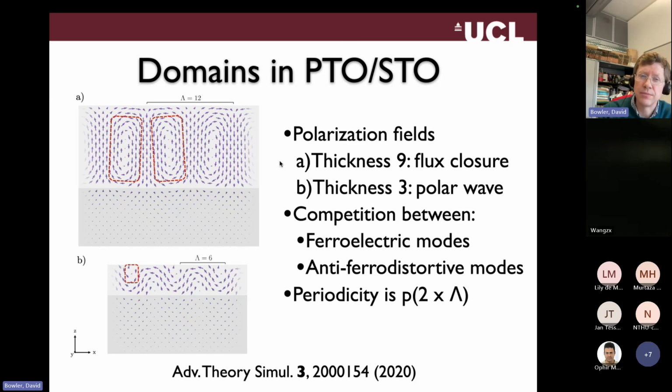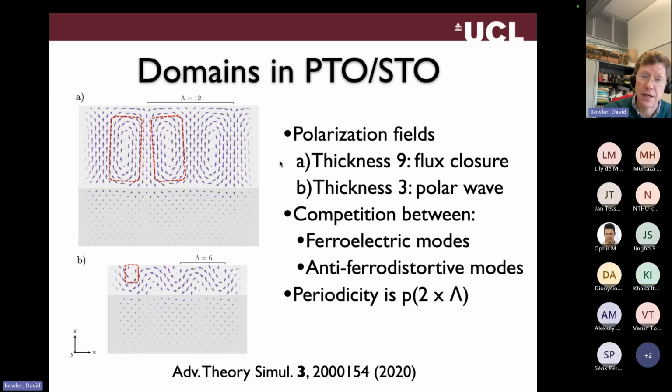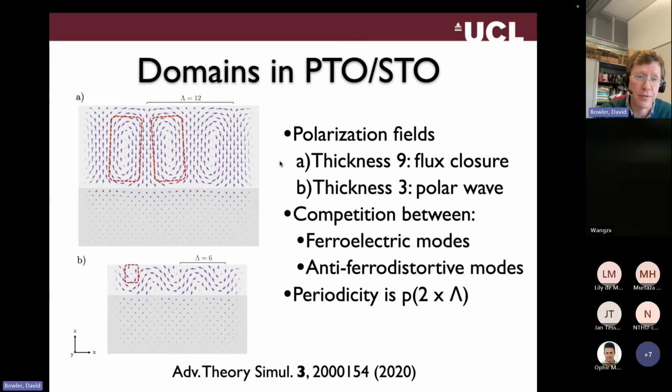And we're interested in what the lowest energy structure of these displacements, these dipole moments within the lead titanate are in the context of a film. So a lot of people do calculations and measurements on what are called multi-layers, where you would repeat a sort of sandwich layer, or a pancake stack, if you like, of strontium titanate, lead titanate, strontium titanate, lead titanate. And what we're doing here is we're looking at what happens when you just have these finite films.